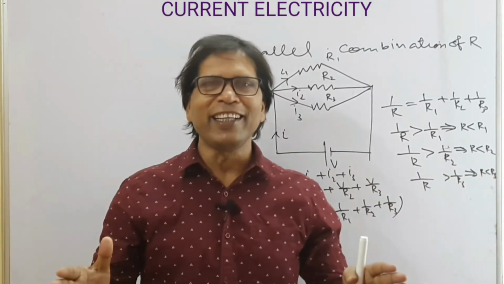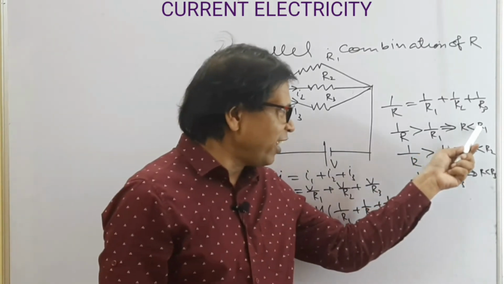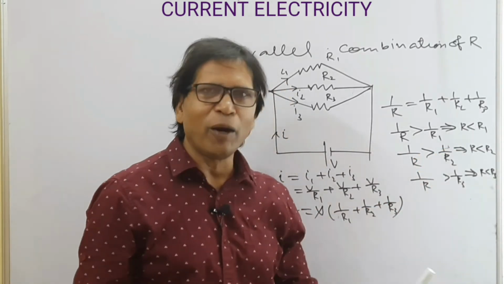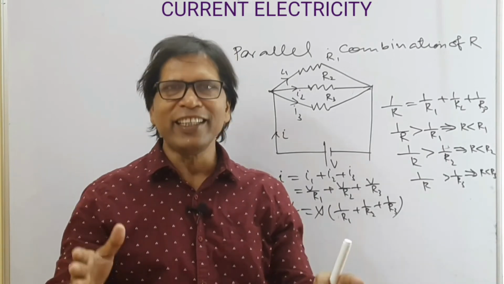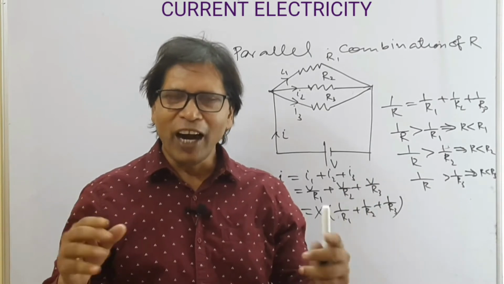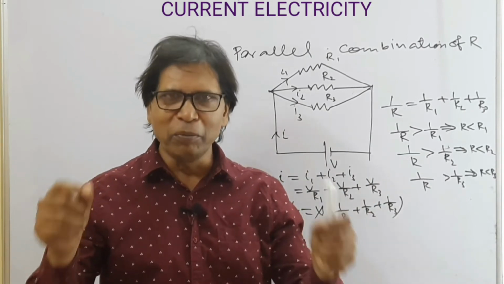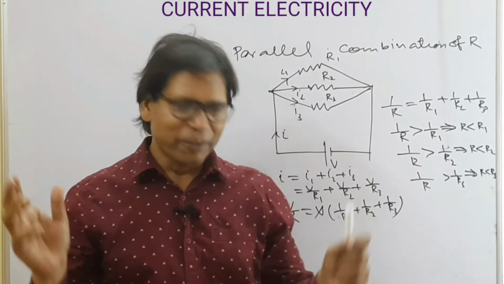Therefore, the equivalent resistance in parallel combination is smaller than each resistance of the combination, or smaller than the smallest resistance of the combination. Now I will be solving some numericals relating to series and parallel combination.